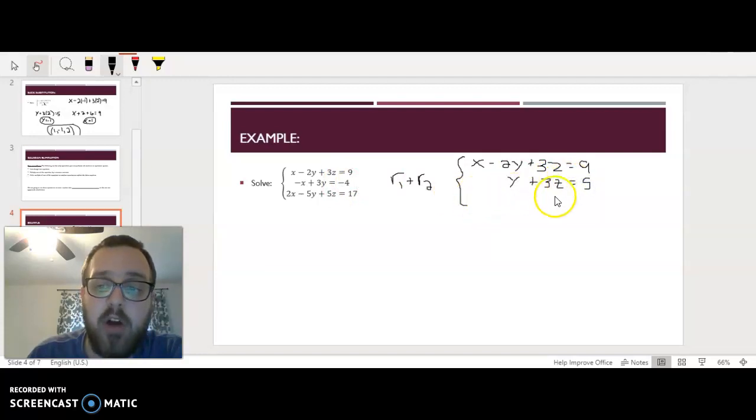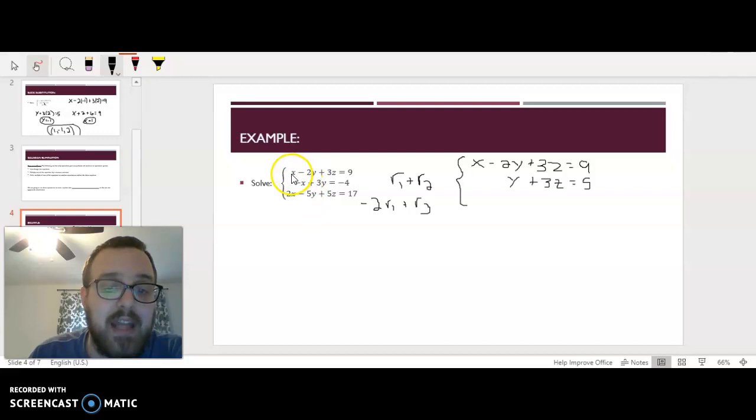Now, in this bottom row, I also want my x to go away. If I look, I have an x and a 2x. So I want to think about with elimination, how would I make it so that those two will cancel? The way that I'll do that is I'll multiply the top row by negative 2. Then negative 2 times the top row plus the third row will make that cancel out.